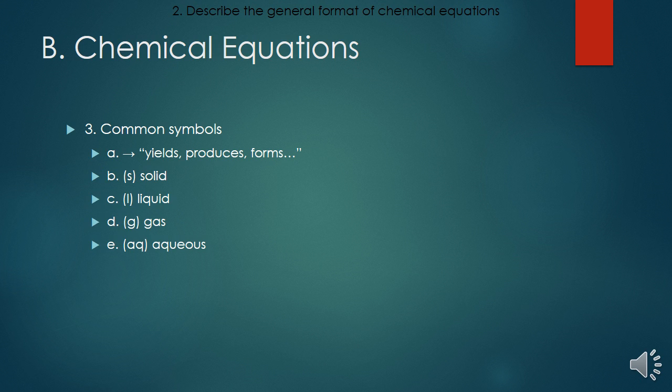We saw each of these in those examples. Solid being an S, liquid L, gas is a G, and then aqueous being dissolved in water, that would be AQ. Another common symbol that we did not see in either of those examples, if you see a triangle, often it would be written above the arrow. That means you're heating the reaction, or you're heating the reactants in order to get them to undergo the reaction.